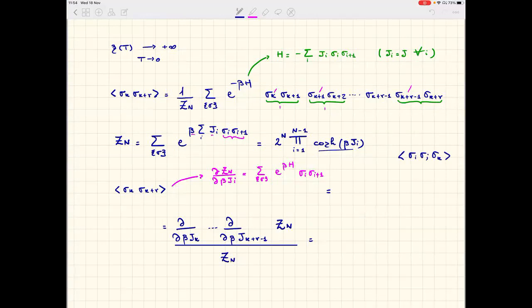You can do whatever you want. This gives you information about different structures that you might have in your system. But typically, if you want to characterize a second order phase transition, it's just enough to use the 2-point correlation function and nothing else. Okay?